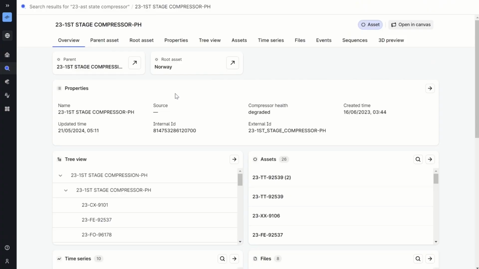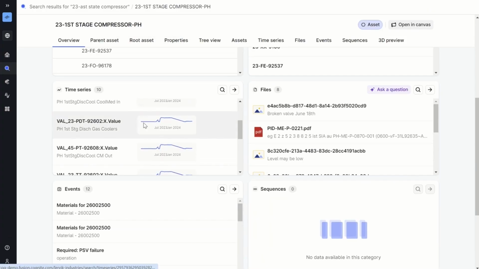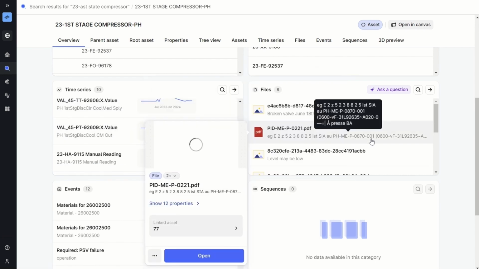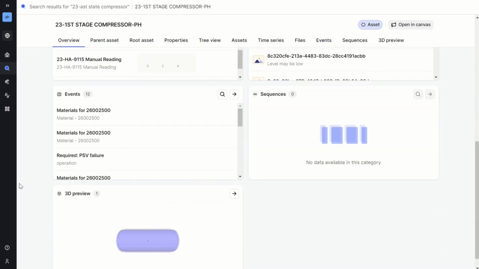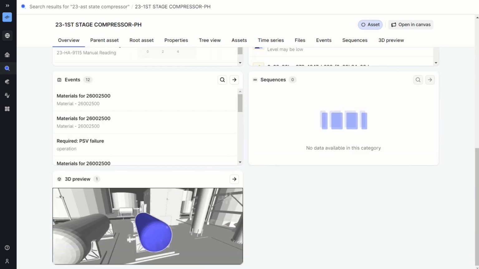The context can, for instance, be information about what the equipment is, which other equipment it is connected to, where it is located, any documentation that is linked to the equipment, explaining or describing what's the normal operation range, and so on. It is first when you put all this information in context inside a knowledge graph that you get a better understanding of the situation, and this, of course, gives you a much better decision basis.